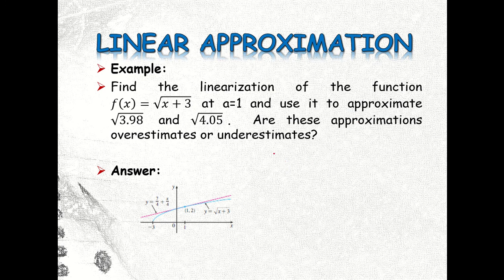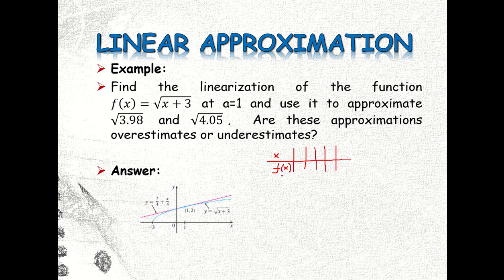One is you assume values for x and then you solve for f of x. Then after that, you plot the points. After plotting the points, you can connect the points and you will form this graph. So this is one method, although there are other methods on how to graph the function.